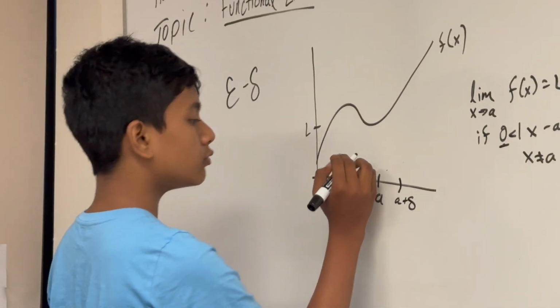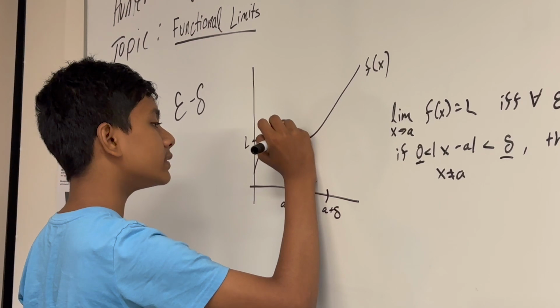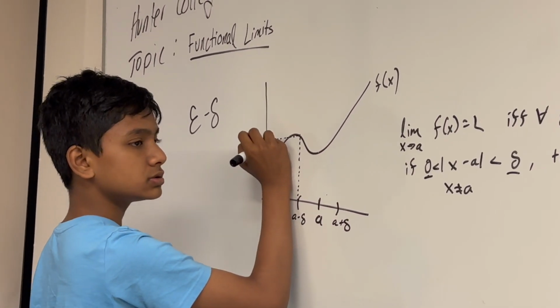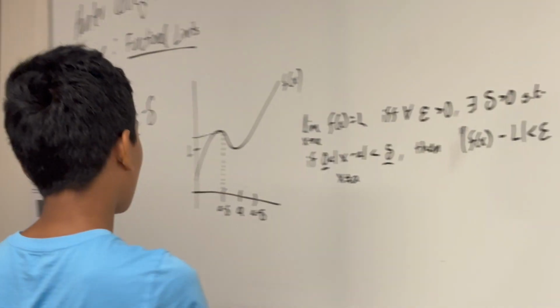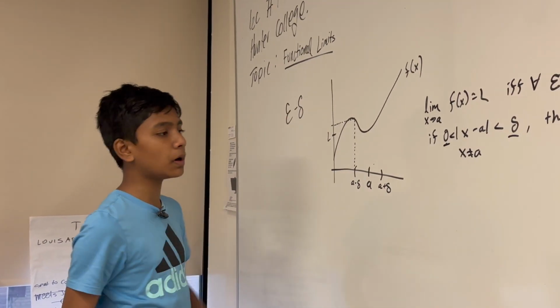And then you want to make sure every single point in there maps to some point in the epsilon neighborhood of L. So for all epsilons that exist around here, there is some delta that corresponds to it.